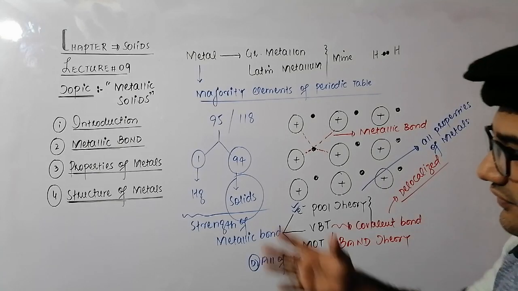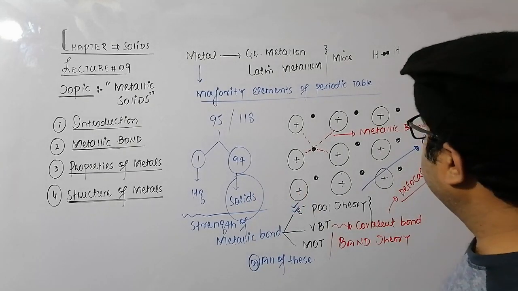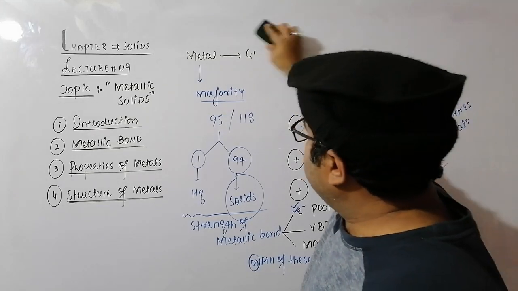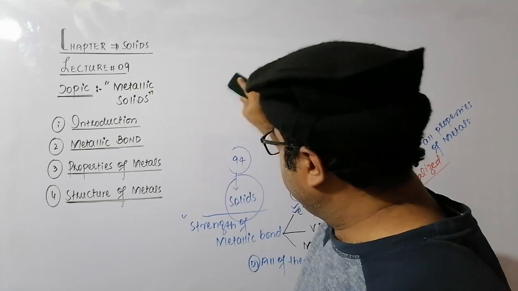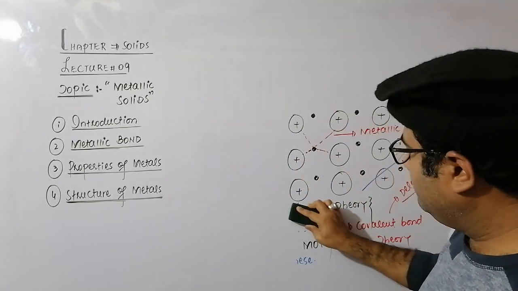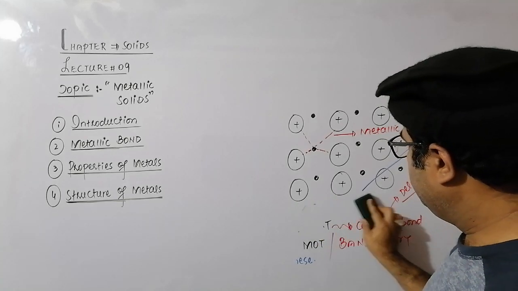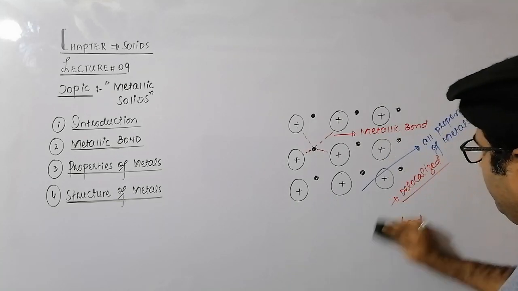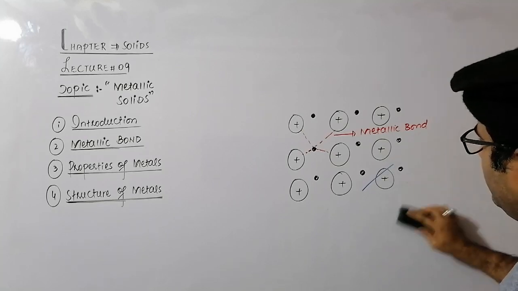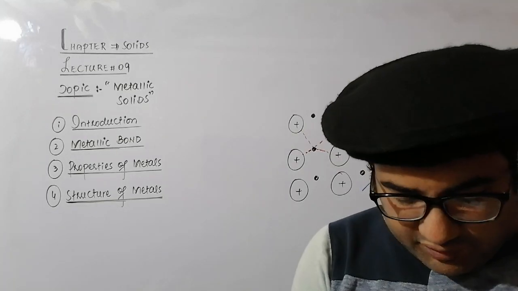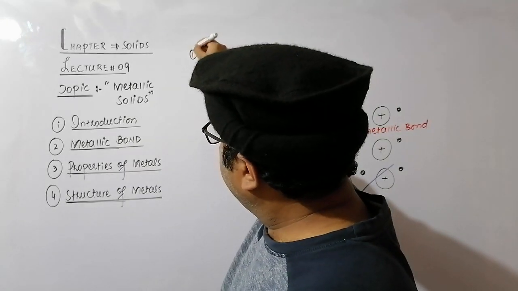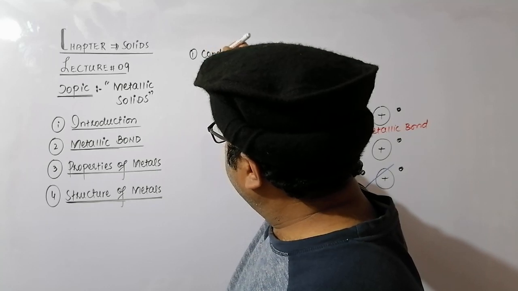Now let us move towards the third part of the lecture, and that is the properties of the metals. The first property that we are going to discuss is conductivity.